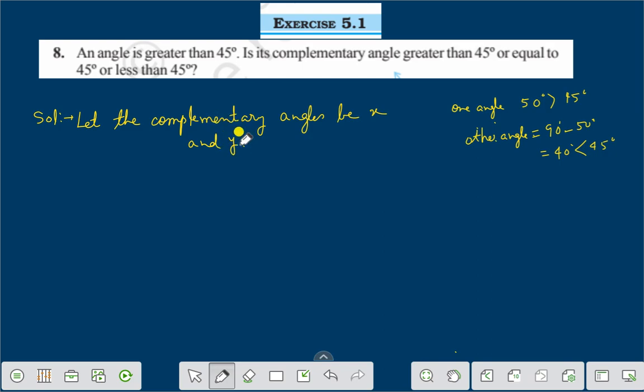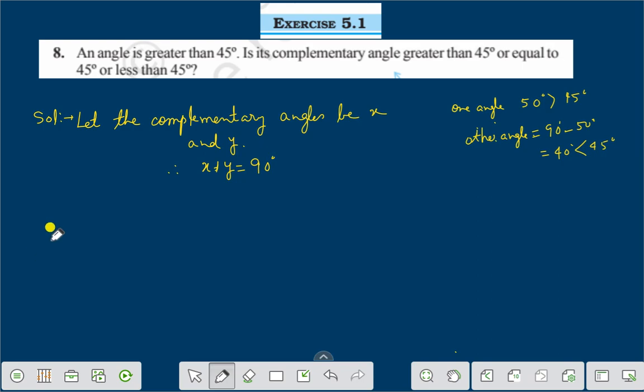And we know that if the sum of the two angles is 90 degrees, we can say they are complementary angles, right? Therefore, since these are complementary, x plus y is equal to 90 degrees, right? x plus y is 90 degrees.